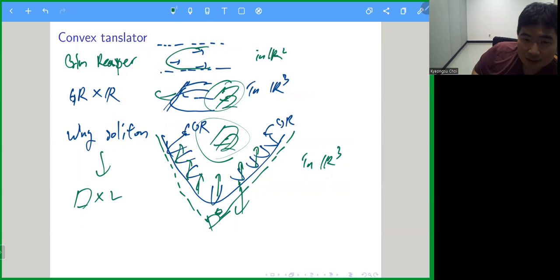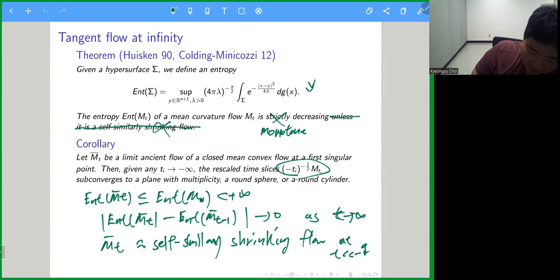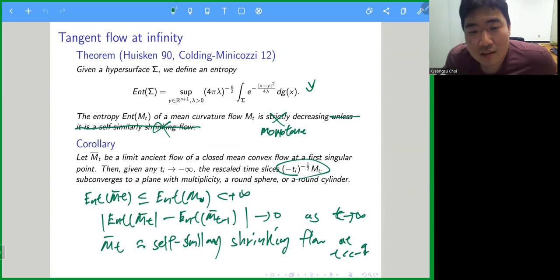So this is convex, but the tangent flow at backward infinity is a plane with multiplicity 2. This is a sort of a headache. So we have to see what's going on for the plane with multiplicity, and the single plane, single round sphere and single round cylinder. Let me talk about that in the second part.